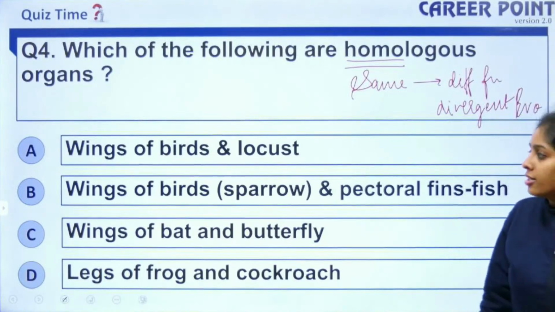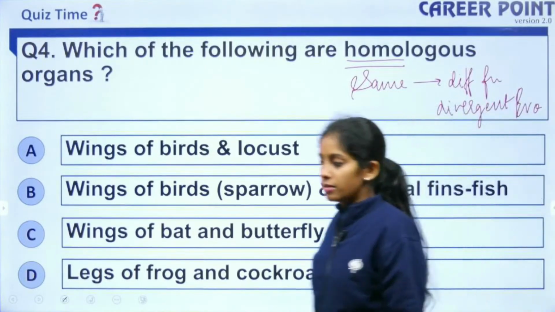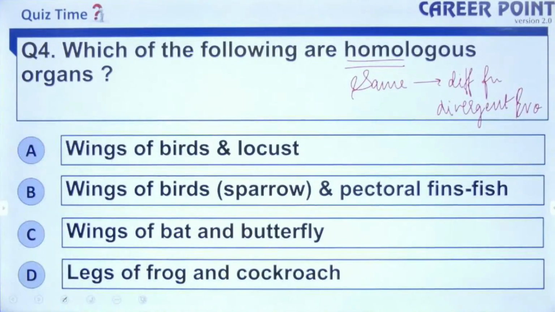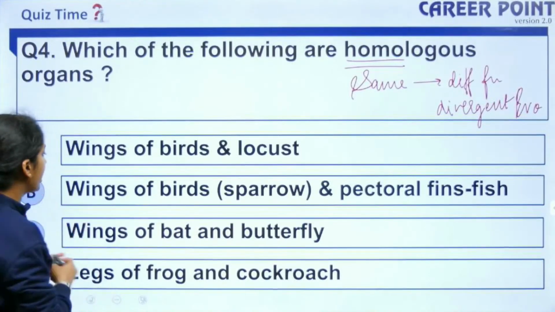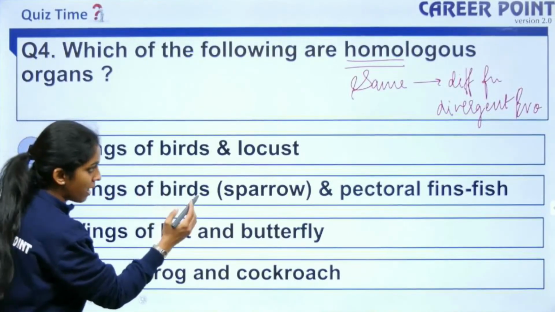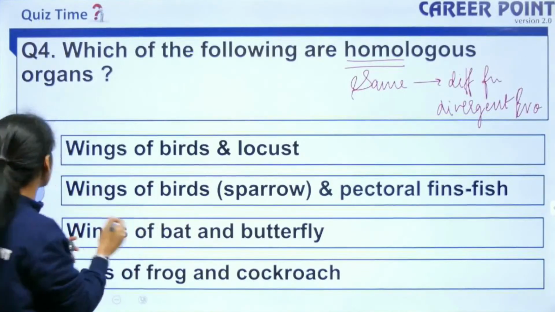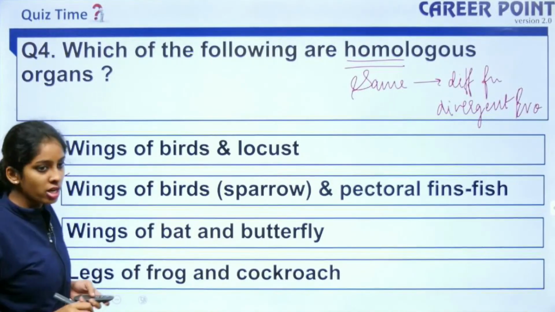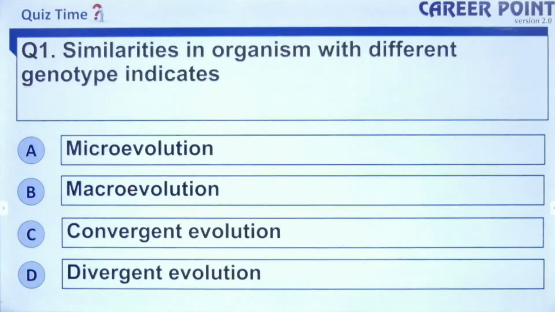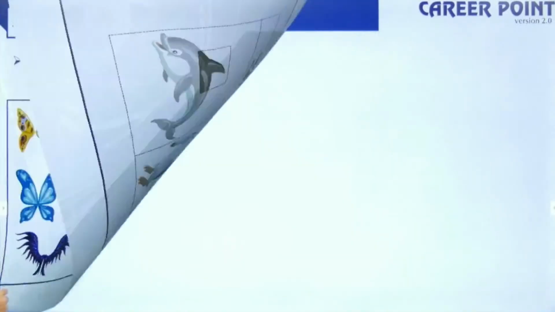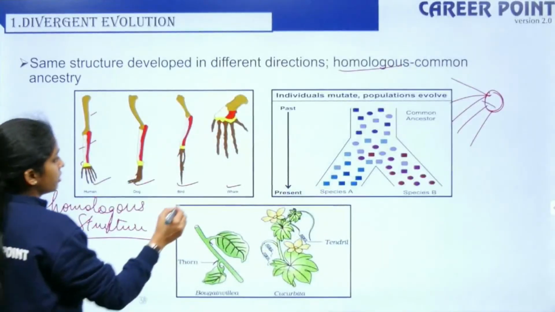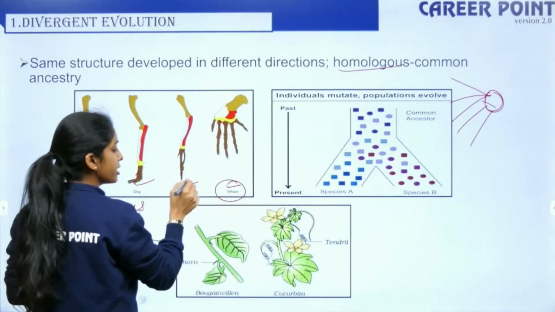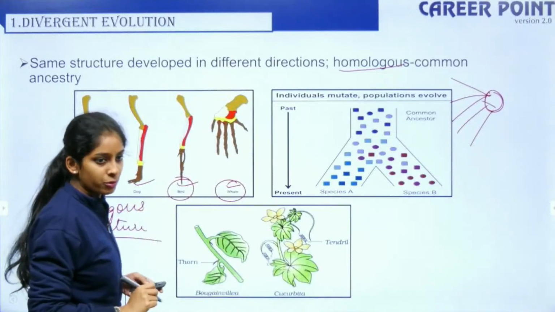So which is the answer here? Quick. Here it would be wings of birds like sparrow and pectoral fins of fish. They have the same structure. If you remember, pectoral fins and wings of a bird, right?